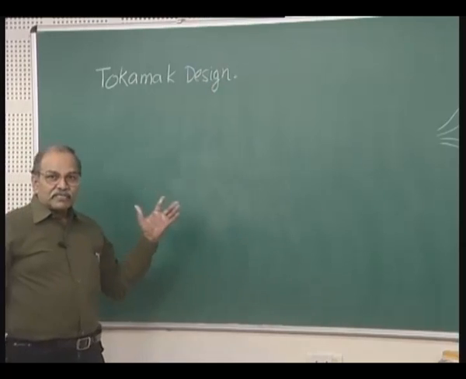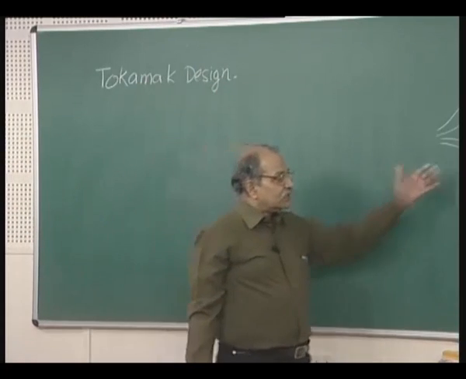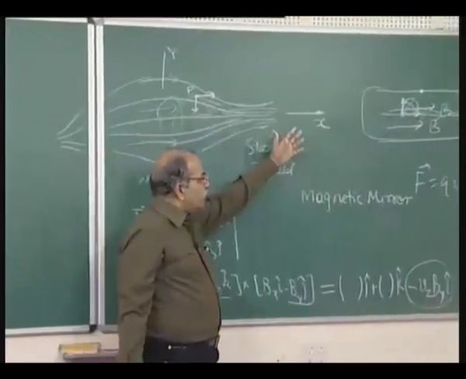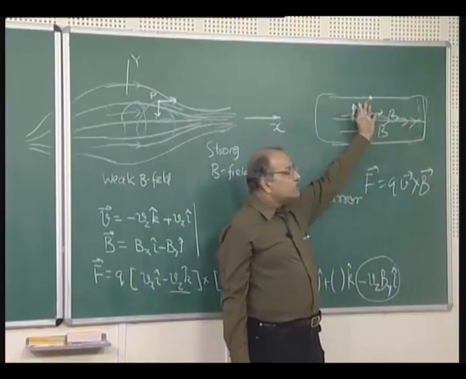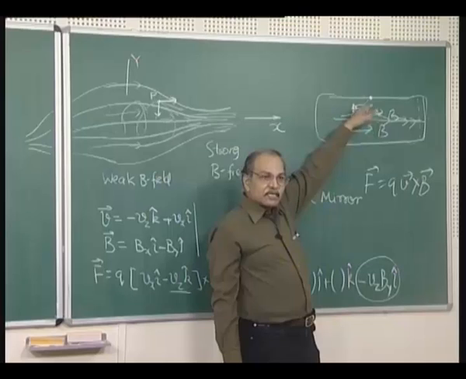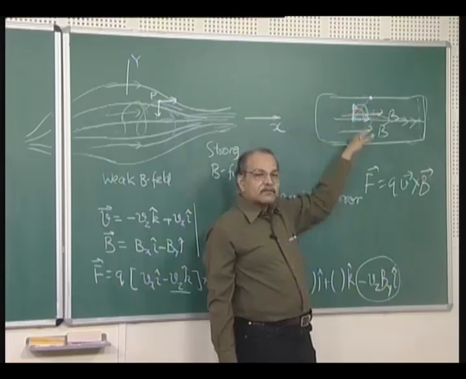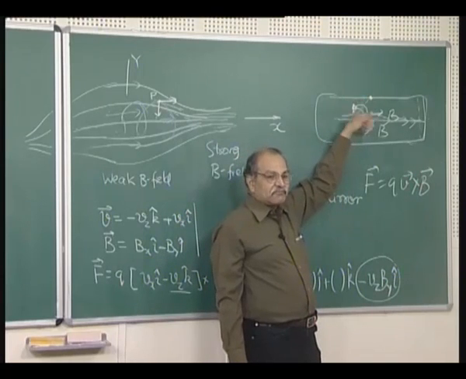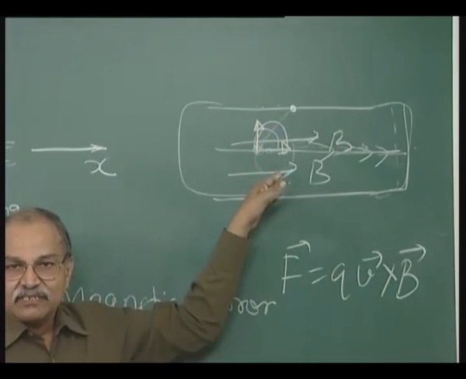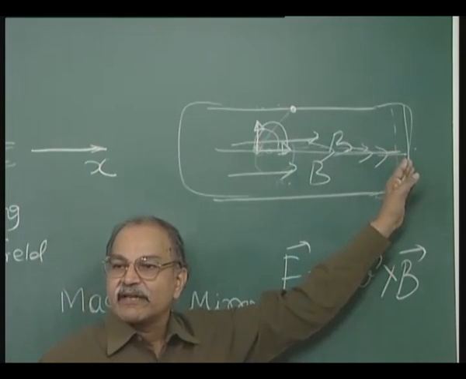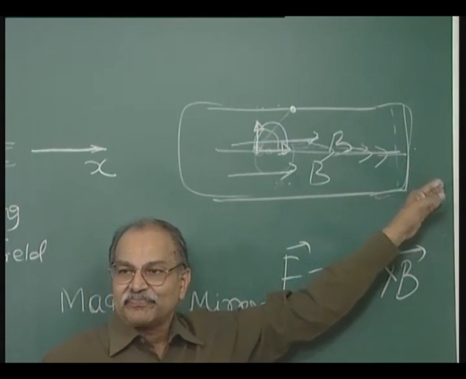What is that tokamak design? As I told you, if you have a magnetic field in a particular direction, then the particles can go around, and in the transverse direction particular fields can be applied to avoid collision with the walls. But then on the longitudinal side there is this problem, right?